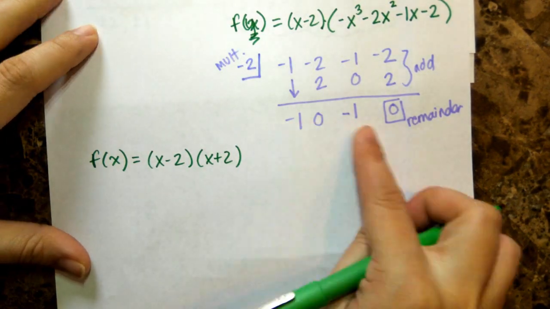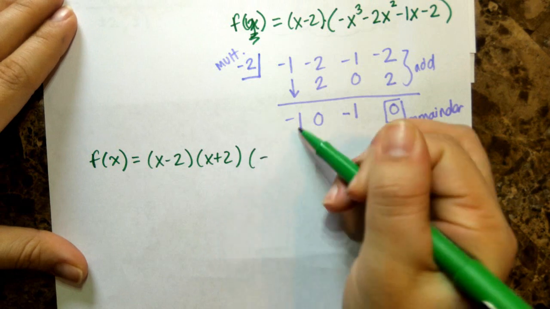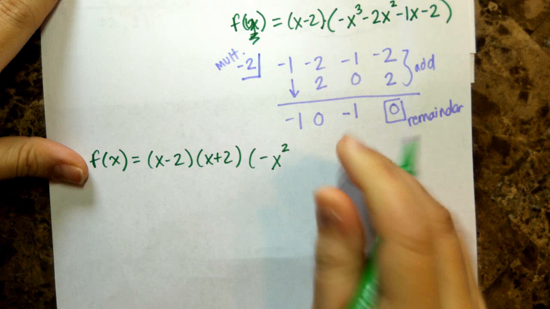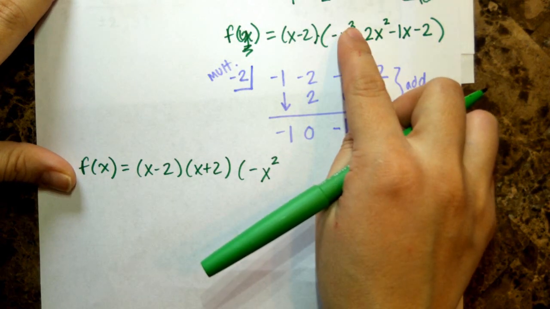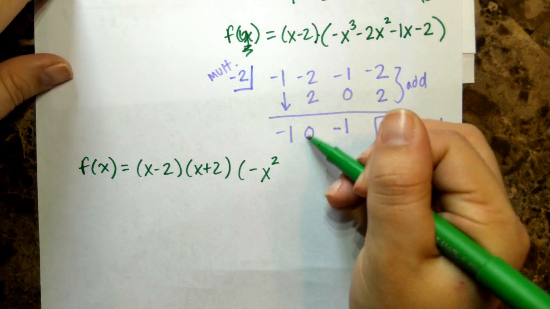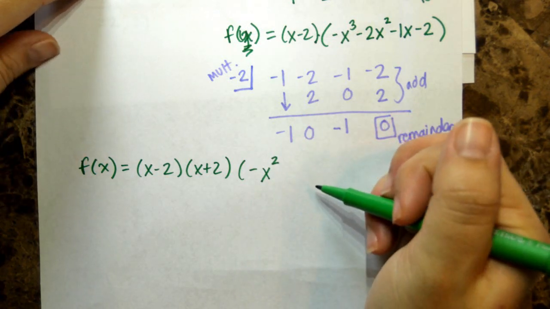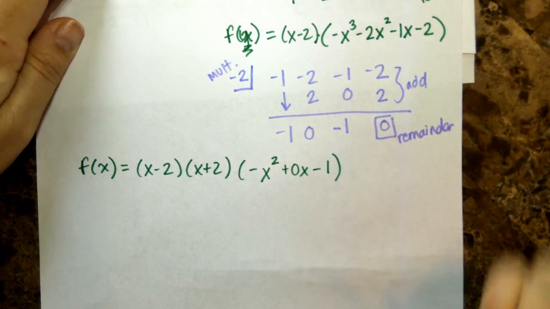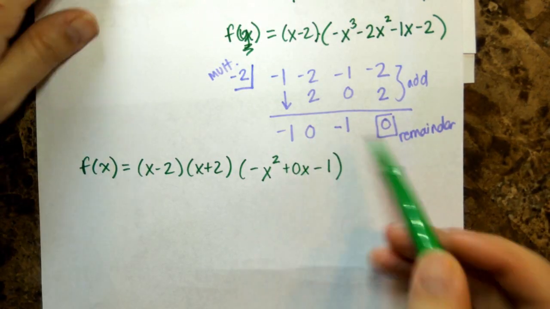If I change it back to equation form, this would be negative 1, you don't have to write the 1, x to the second power, because the problem originally was x to the third, so your answer will be 1 less power. Plus 0x, you don't have to write plus 0x unless you really want to. You can. And then minus 1. Okay. That's where I got this answer.